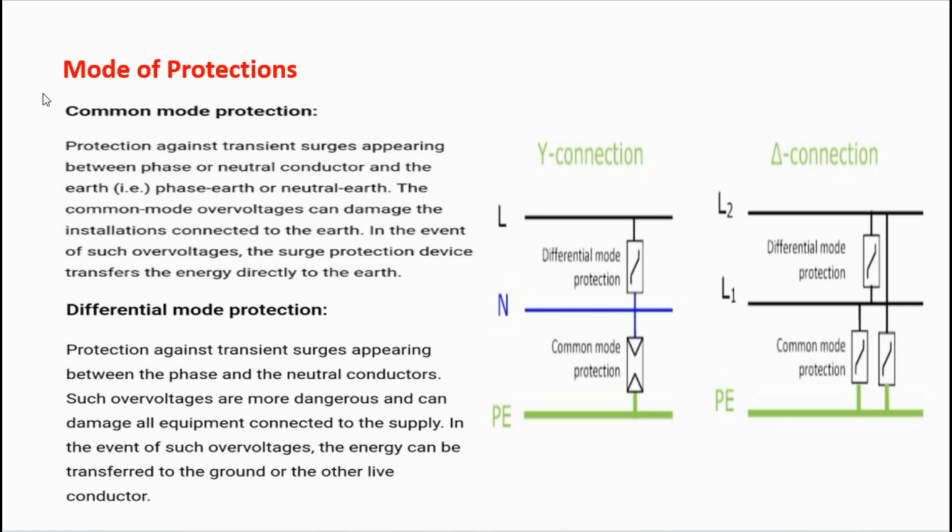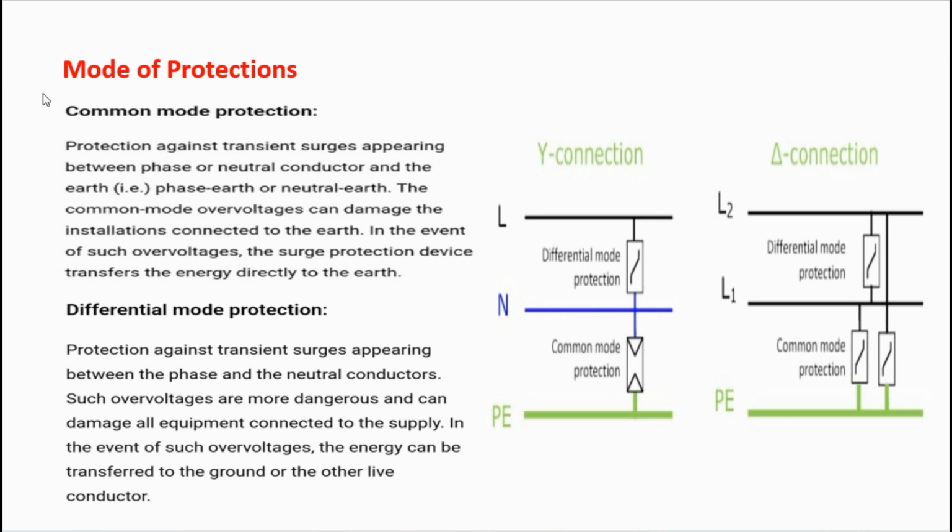Differential mode is only used between line to neutral in Y, and for delta from line to line. Common mode is only used between neutral to protective conductor, the earthing conductor, and for the delta connection it is used between the line and the protective conductor, because in delta there is no neutral.